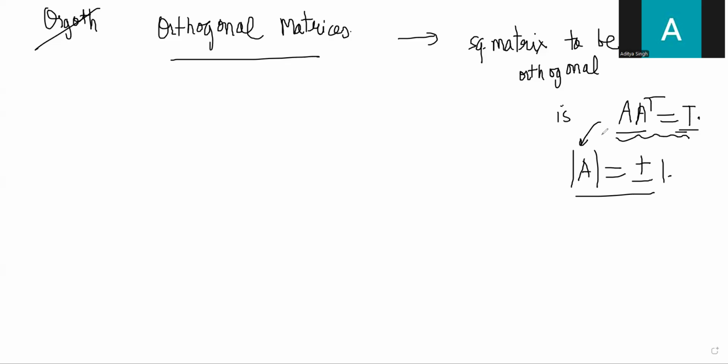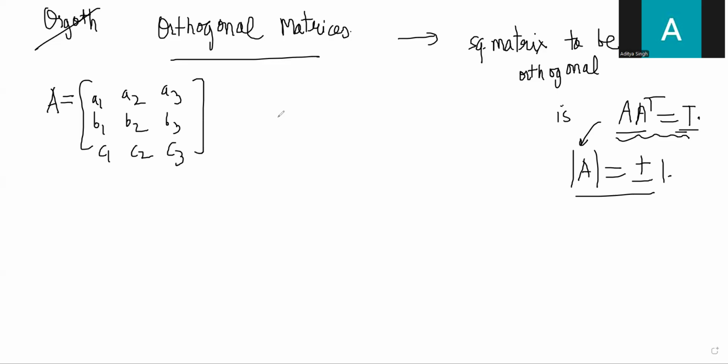Now, if you think about it, you should also check this calculation yourself. If A is A1, A2, A3, this is my A, then A transpose will be what?